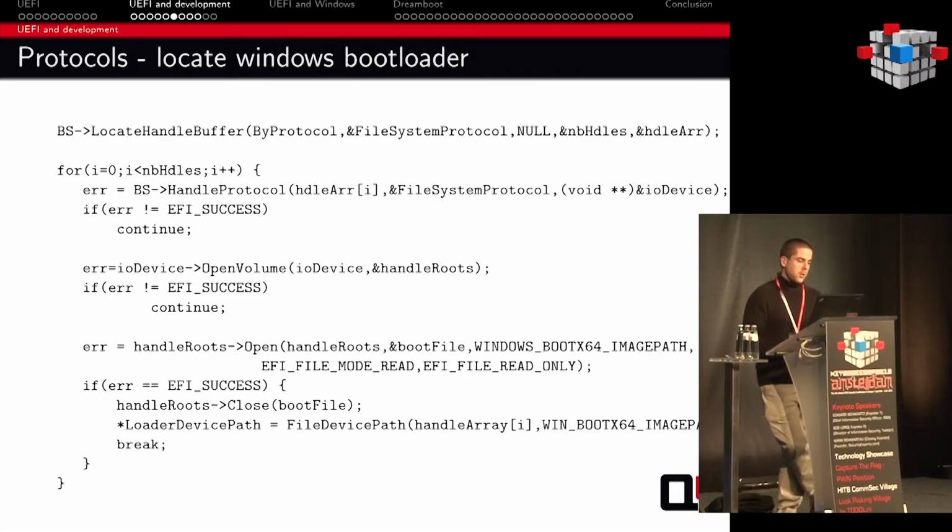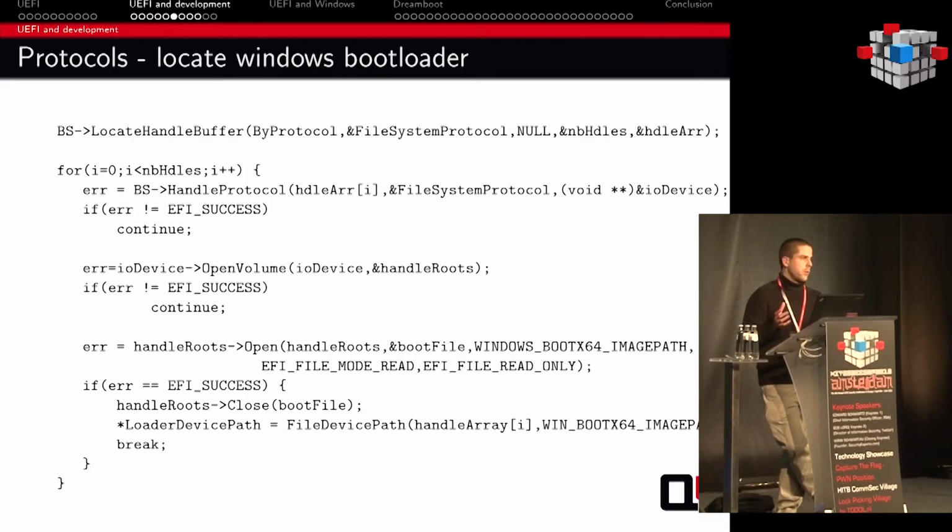Next, we use the handle protocol API to retrieve a custom object. Next, to call some function like open volume, open, close, just to check files are there on a file system.